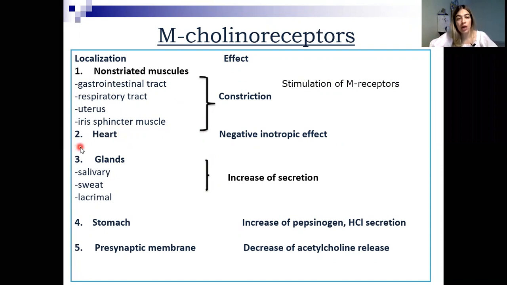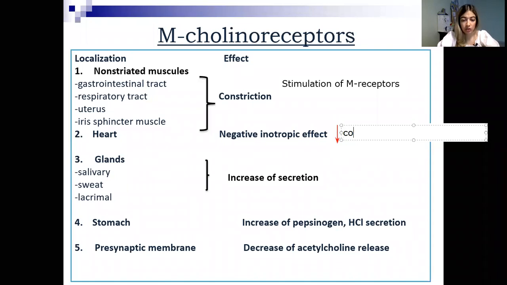In the heart, what happens? If you stimulate the M cholinereceptor in the heart, you have the negative inotropic effect. What is it? This is the reduction of the contraction in the myocardium. So reduction of the contraction of the myocardium.